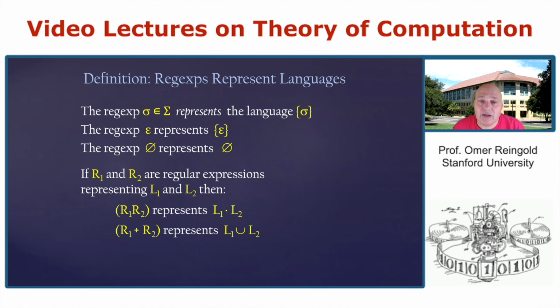R1 plus R2 represents their union, and R1 star represents L1 star. Recall that these are all operations that we discussed in the closure properties. So regular languages are closed under these operations.